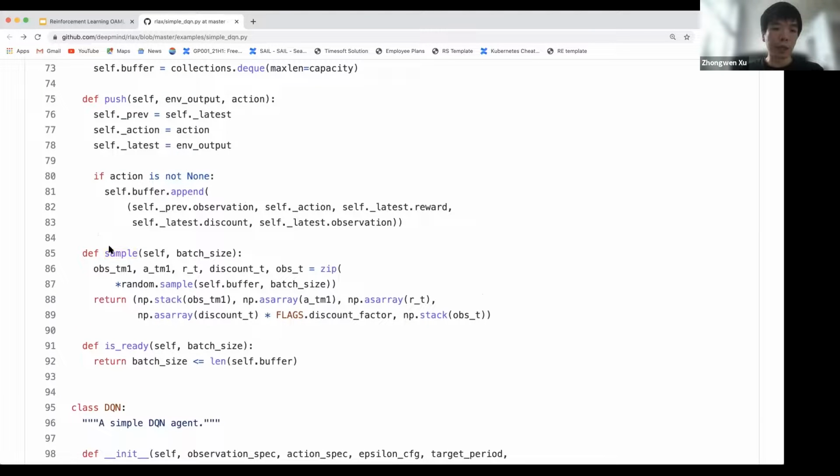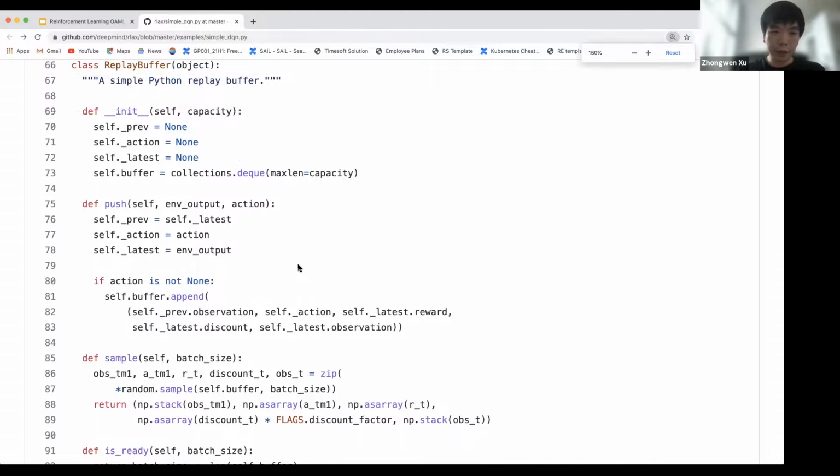Here we can see there's a sample function, where the agent passes how much data in a batch it requires for the learning. Then it randomly samples from the buffer to obtain these variables, and you can pack all of these variables together as a batch and pass it to the agent to learn.